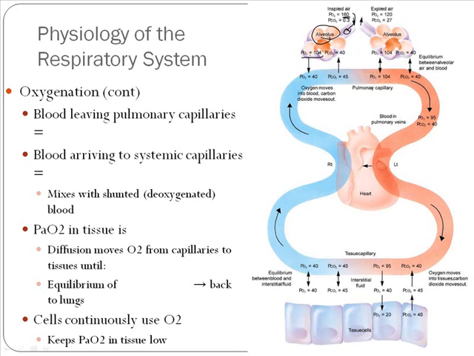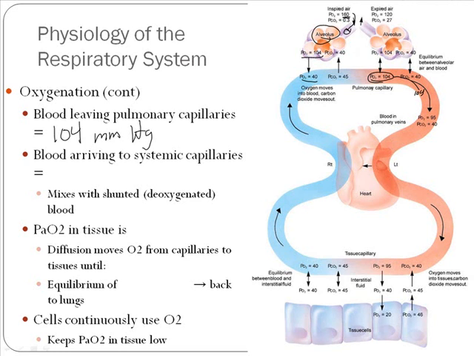Our PO2 is constantly at 104 in the alveoli, so as the blood comes by, it will diffuse oxygen until the PO2 reaches 104. So blood leaving the pulmonary capillaries is 104 millimeters of mercury.